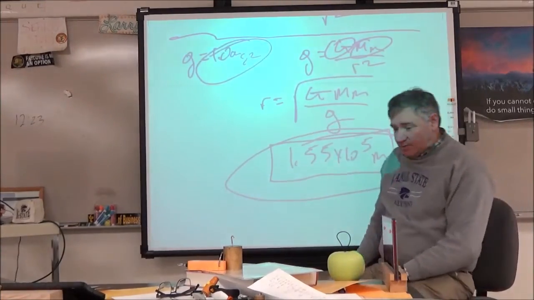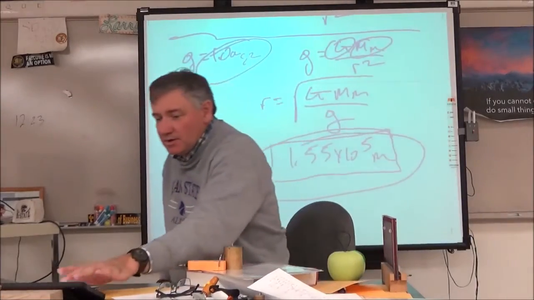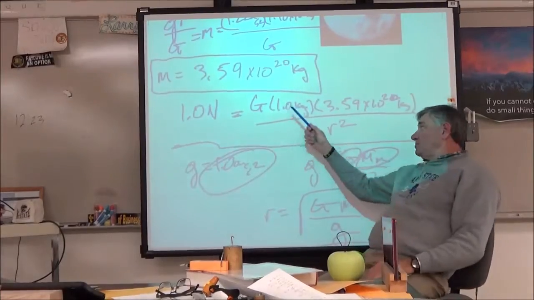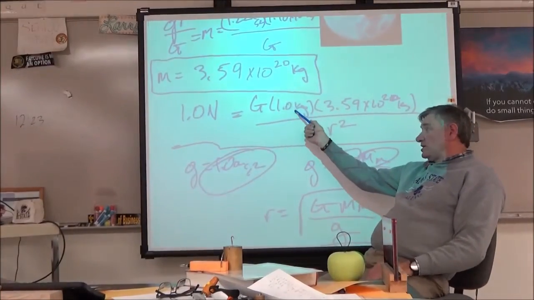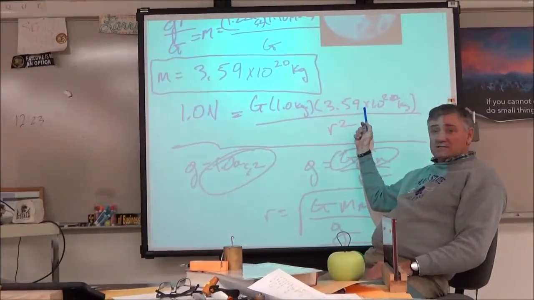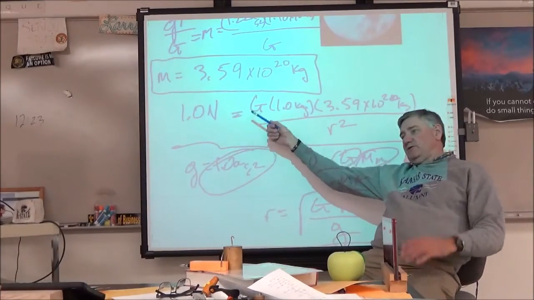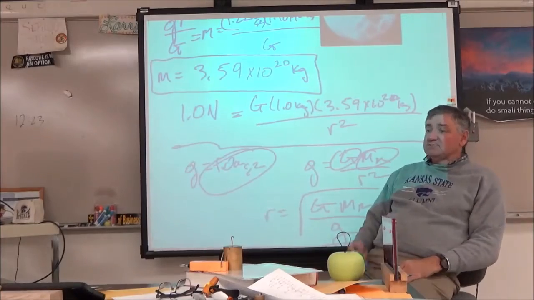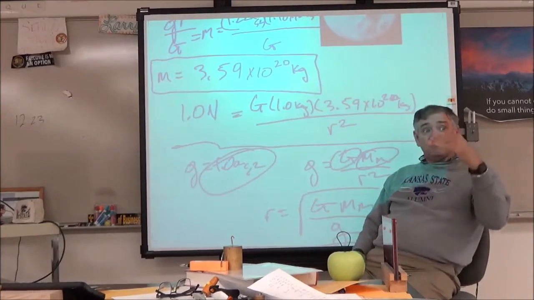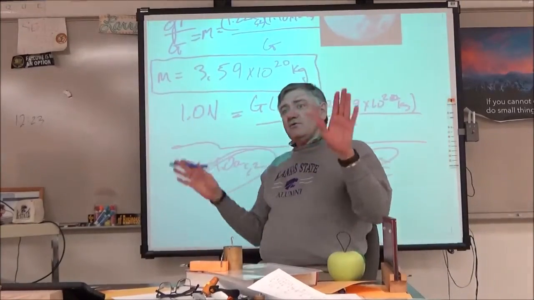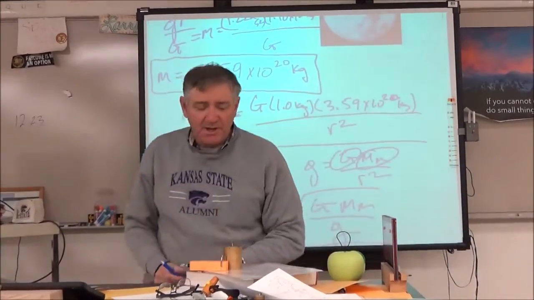Or, if you really wanted to go old school, you could go to that big equation for FG, plug in big G, plug in 1 kilogram, plug in the mass of the moon, plug in that radius, see if you get 1 newton. If you do, you did it right. That's the other way you could work the problem to see if it's correct. So if you can do all of those and feel good about life, we're okay.